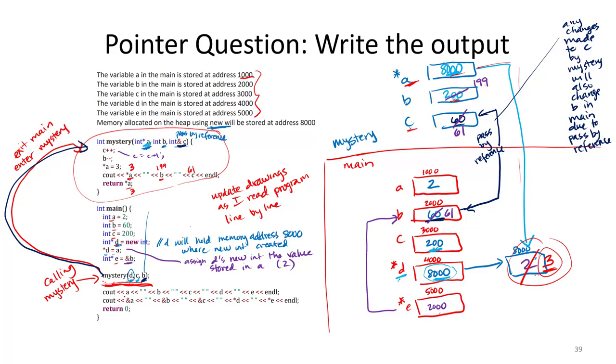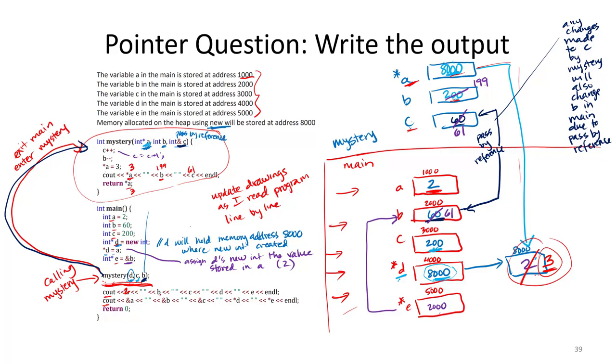Finally, at the end of my program, I have some additional cout statements. Notice now the variables I'm outputting in this set of cout statements are the variables local to main instead of the variables that were in Mystery. So here if I output A to the screen, that will output the value 2.